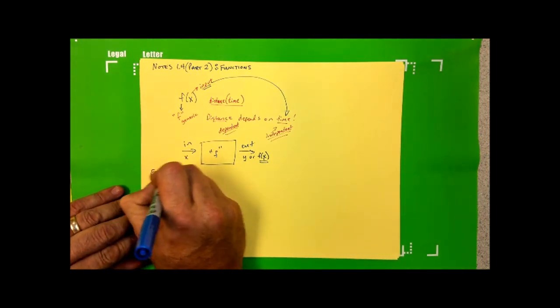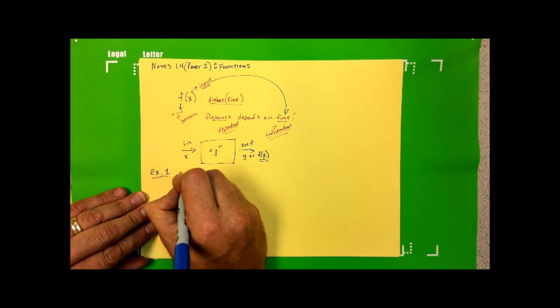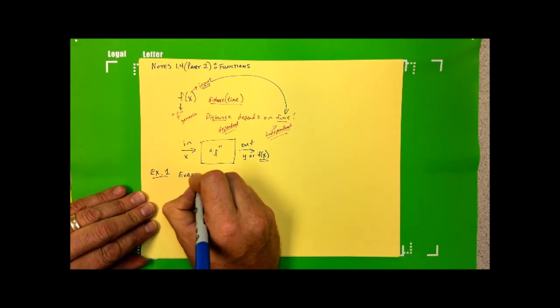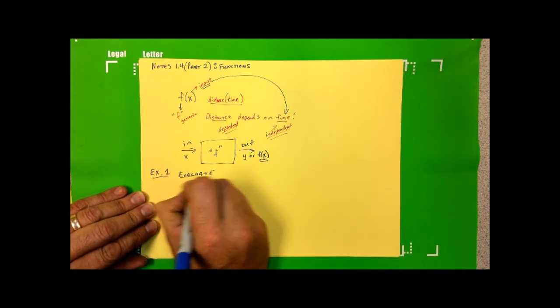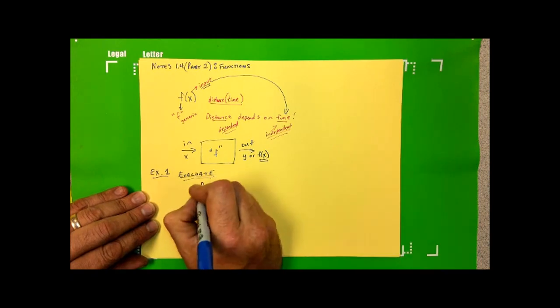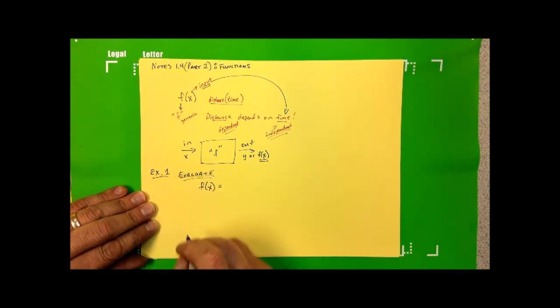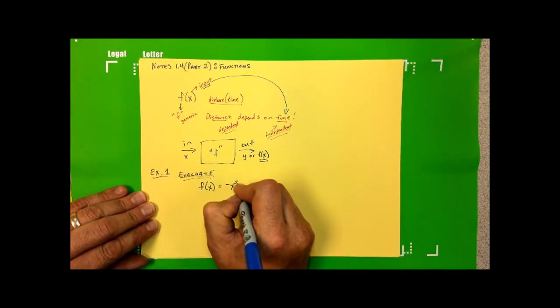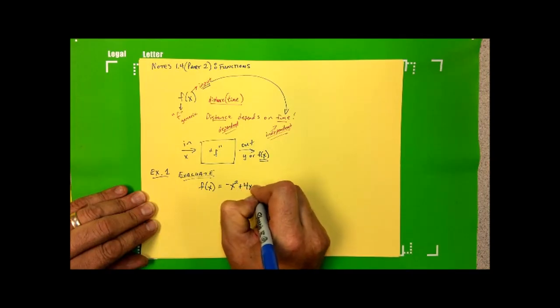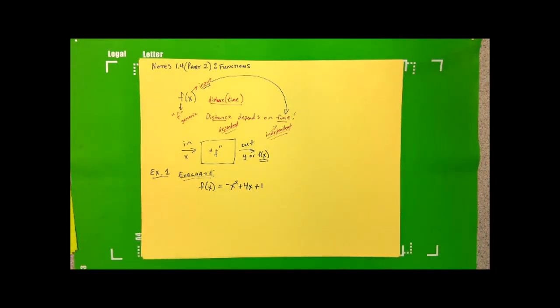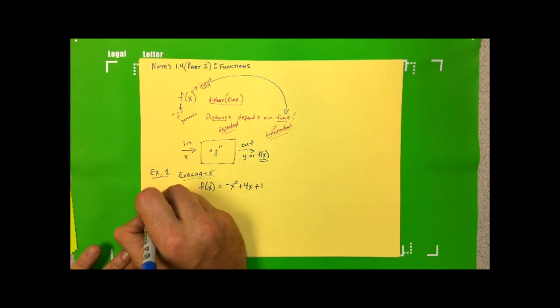There are several different types of problems that we should be able to work as it relates to function notation, such as if I give you a function and I define it by using function notation, then here is an example of such a function. This is known as function f.